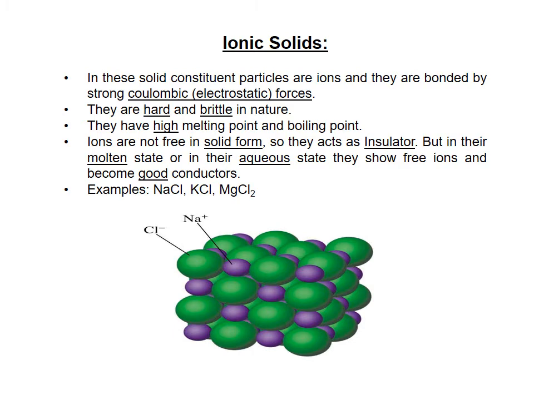But when NaCl is dissolved in water, it dissociates itself into Na+ and Cl- ions, producing free ions which can conduct electricity. That is the reason why it is said that ionic solids do not conduct electricity in their solid state. They can conduct electricity only in the molten or aqueous solution.